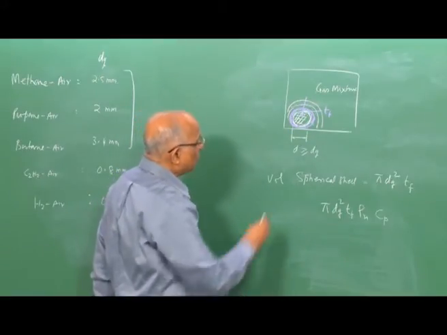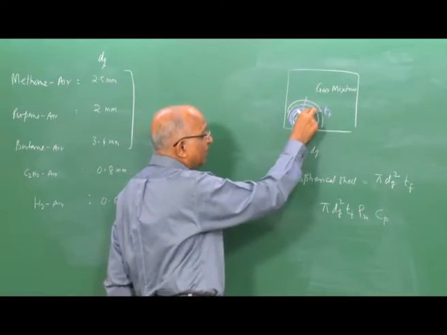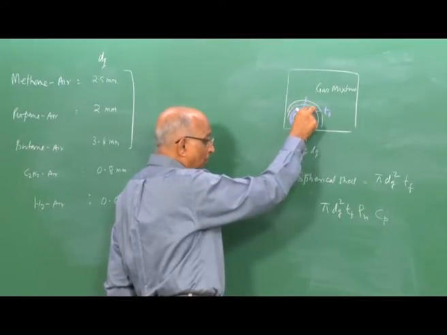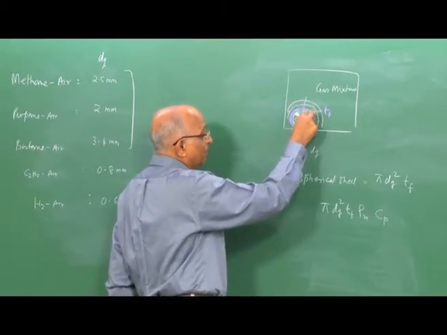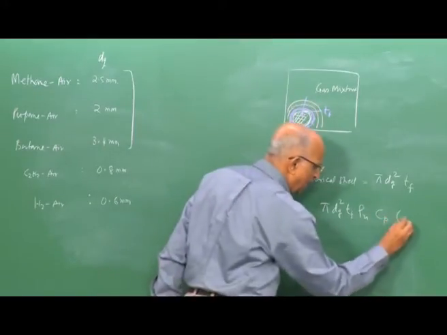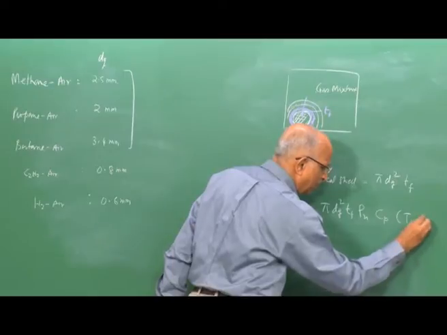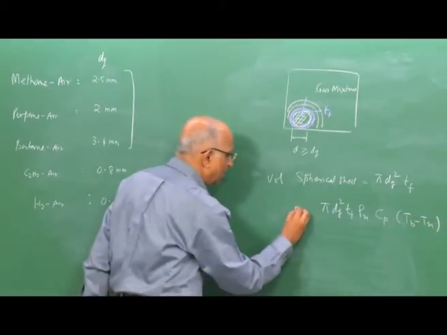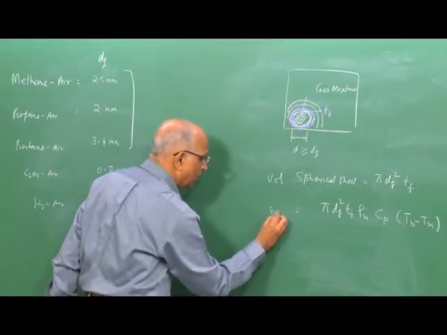And what must the gas do? It must get sufficient heat such that it is able to increase its temperature from the initial value to about the burned gas temperature, and therefore this must be multiplied by Tb minus Tu, and this will be the energy required for ignition.